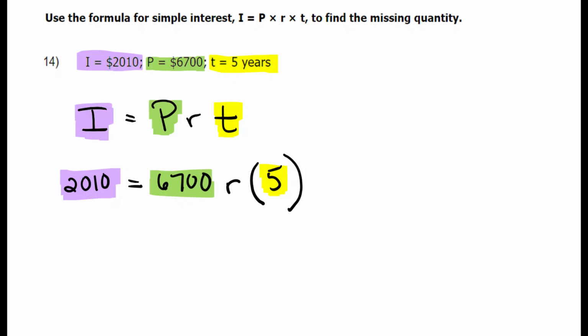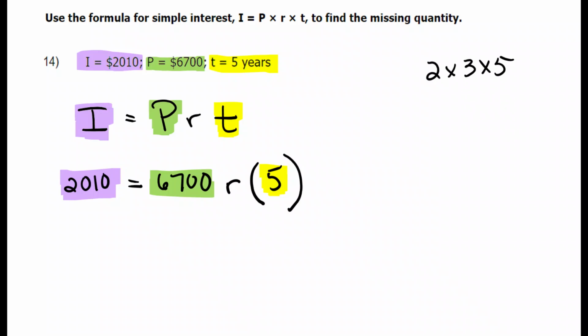And multiplication is commutative, which means you can multiply numbers in any order that you want. Like if I did 2 times 3 times 5. If I went from left to right, 2 times 3 is 6. And then 6 times 5 is 30.